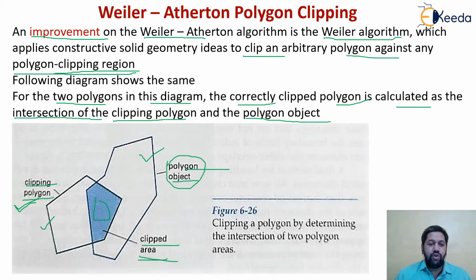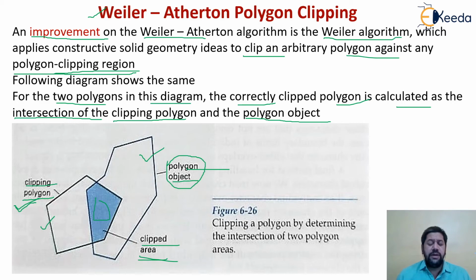In this session we have shown how the Weiler-Atherton algorithm is also suitable for concave polygons, and it can be used for any polygon clipping. As well as in this diagram we have shown that an improvement of the Weiler-Atherton is possible, where I can clip the polygon against my polygon clipping region, so my window is also a polygon.